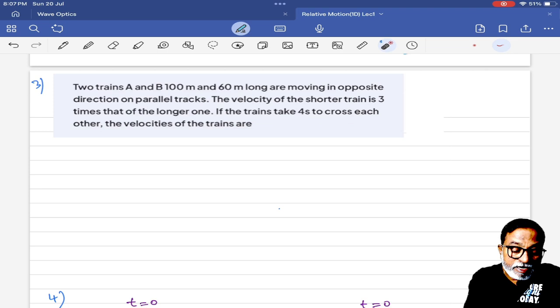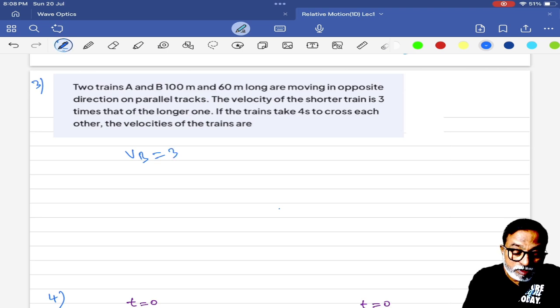So here train A is 100 meters and train B is 60 meters. Here the velocity of the shorter train, that is VB, is equal to 3 times that of the longer one, 3 times VA.